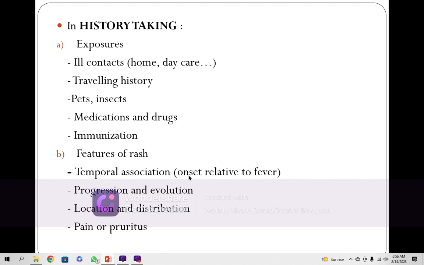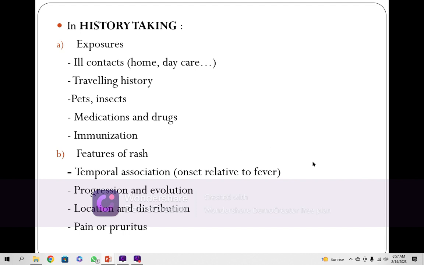Temporal association: the onset related to the fever, whether the rash comes first and then the fever, or the fever first and then the rash. The progression and evolution, the stages of the rash, where it is located, which part of the body, where it started, and the distribution, whether it is associated with pain or pruritus or not. This type of history should be taken when the fever occurs with the rash.